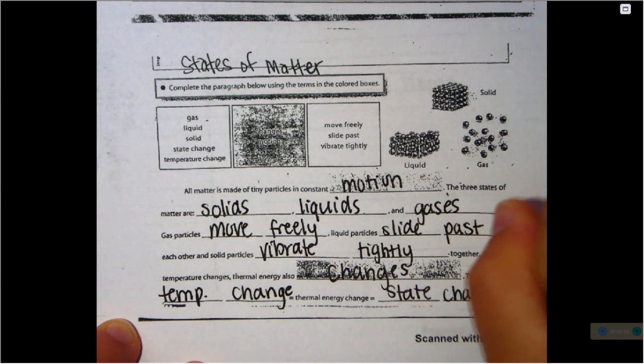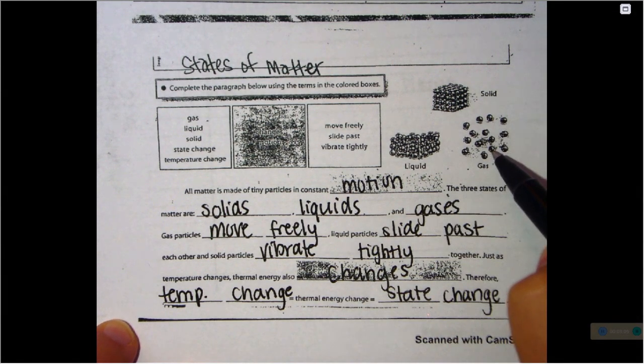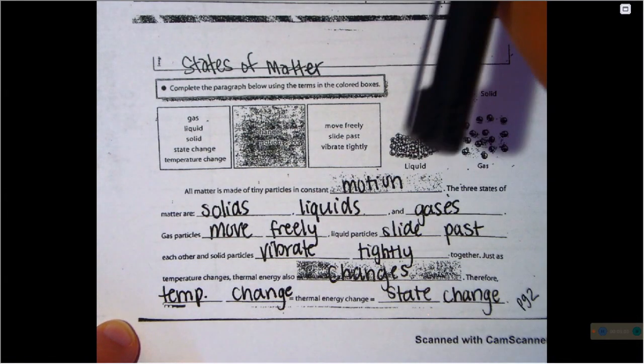So when we heat things up, we increase thermal energy. We go from a solid to a liquid to a gas. If we lower the temperature and make it cooler, we can go from a gas to a liquid to a solid.